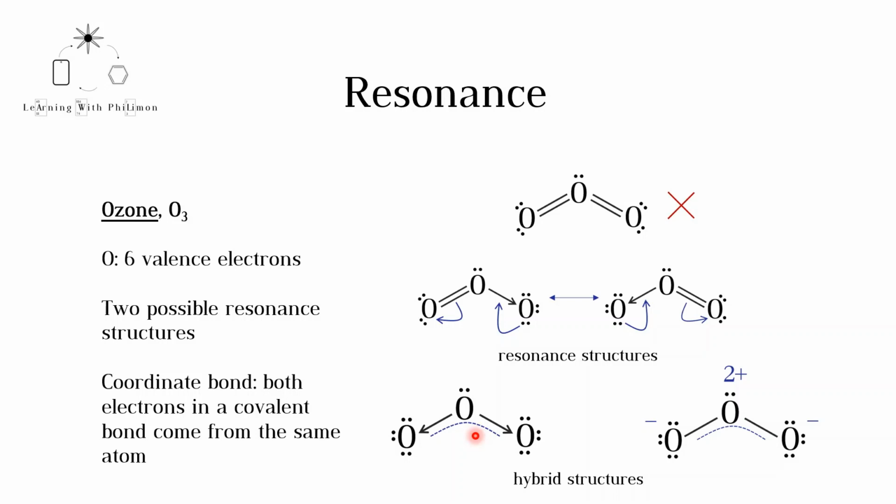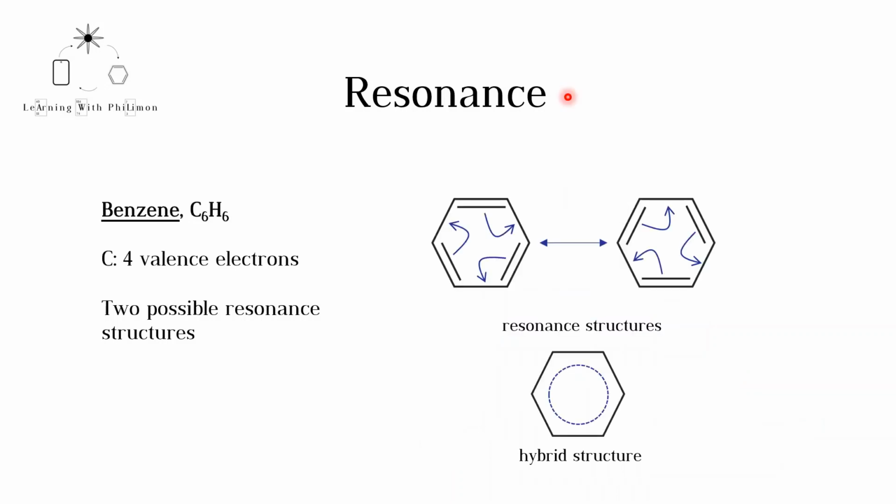Instead of using coordinate bonds, the structure of ozone can be thought of as the central atom having a positive charge and the end oxygen atoms having a negative charge. The central atom has a 2+ charge as it only has 4 valence electrons. The end oxygen atoms have a 1- charge as they have 7 valence electrons.